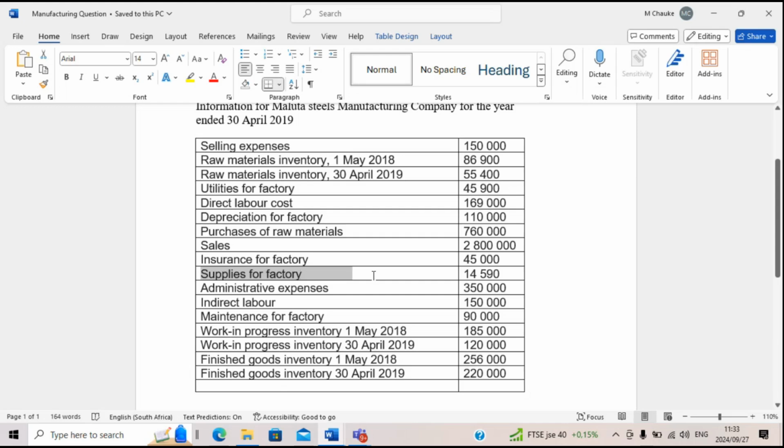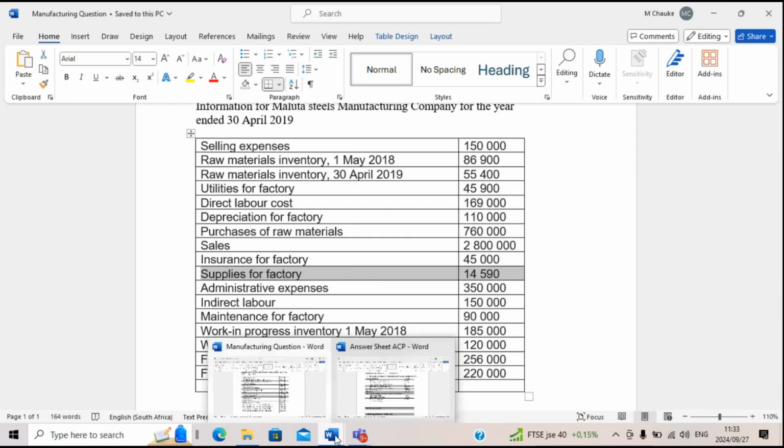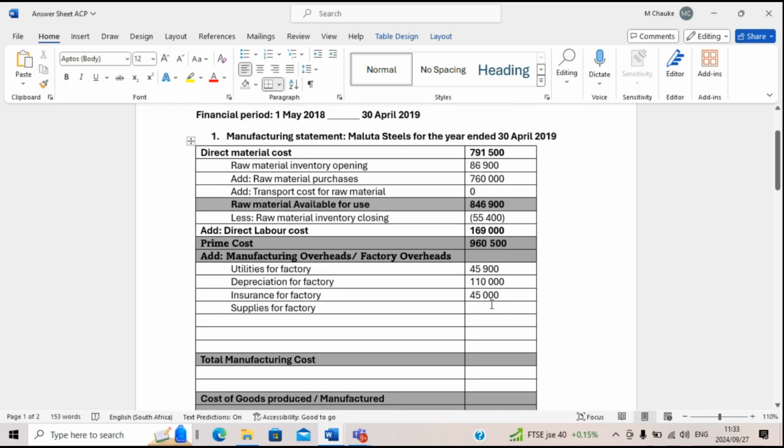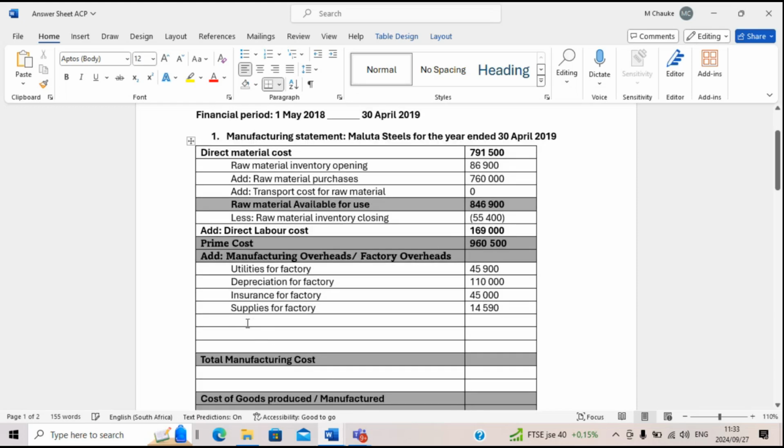Supplies for factory is 14,590. Go to the answer sheet there. 14,590. That is our supplies for factory.